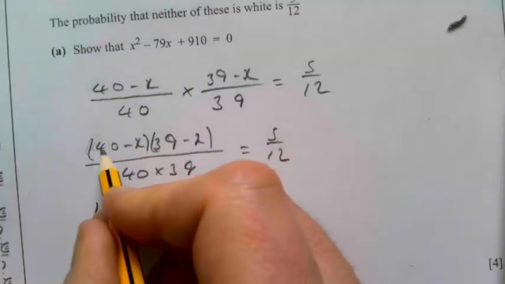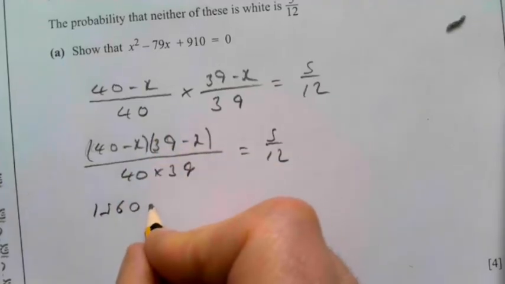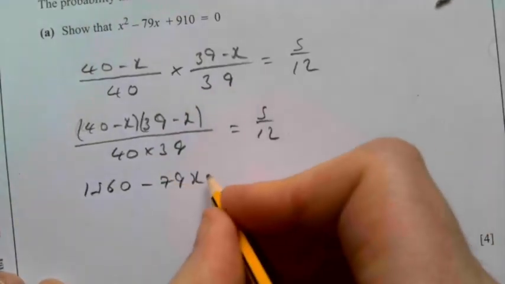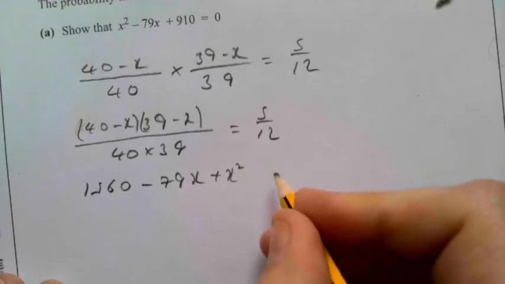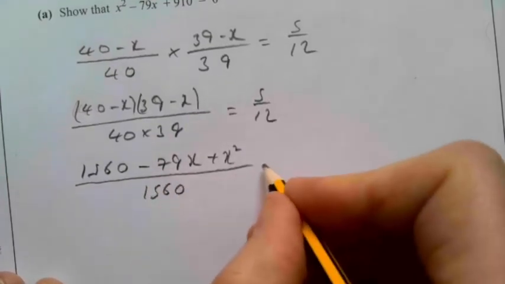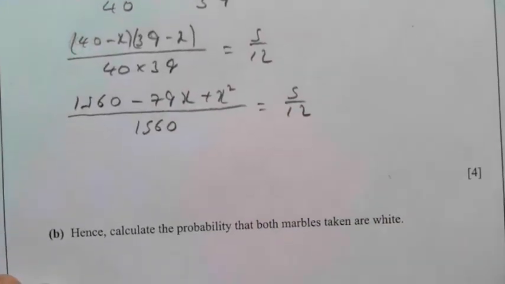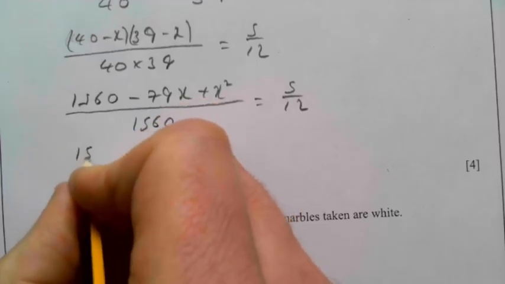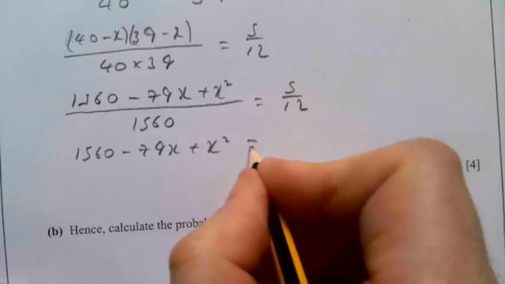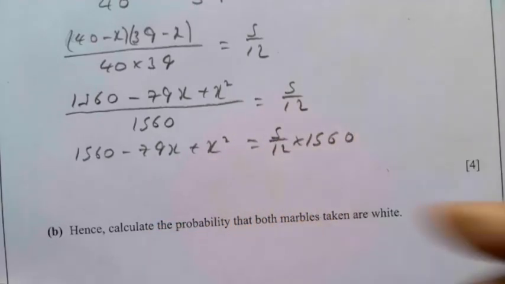1560, outer and inner, minus 40x minus 39x, so that's minus 79x, and then plus x squared, all over 1560 equals 5/12. 1560 minus 79x plus x squared equals 5/12 times 1560.